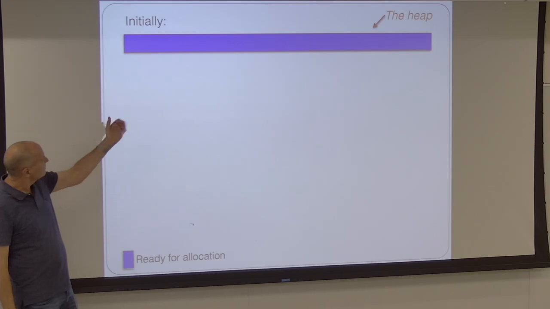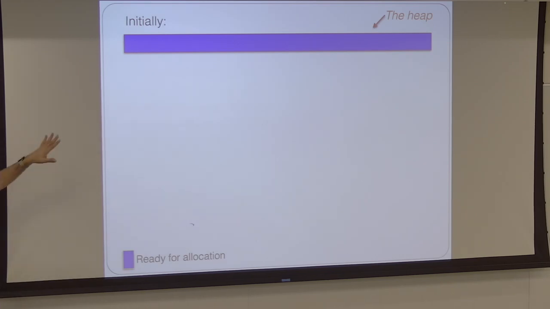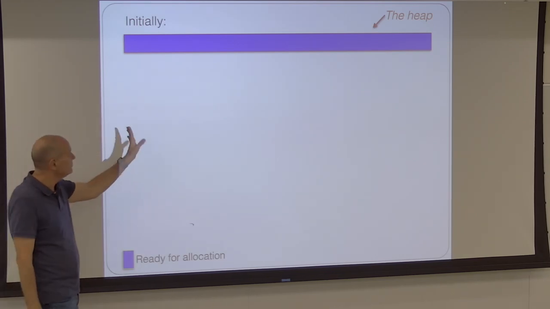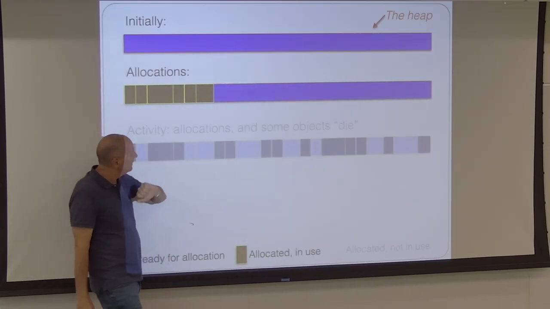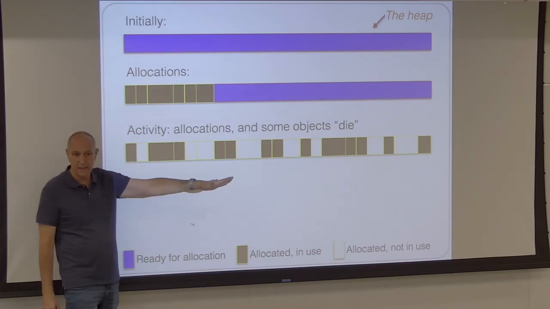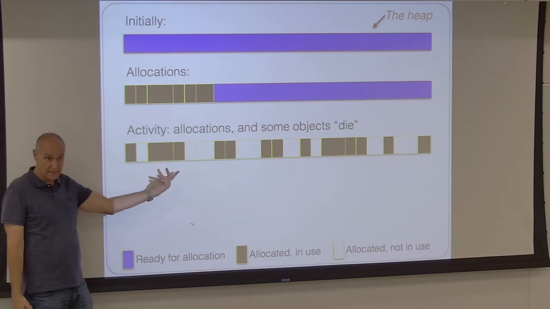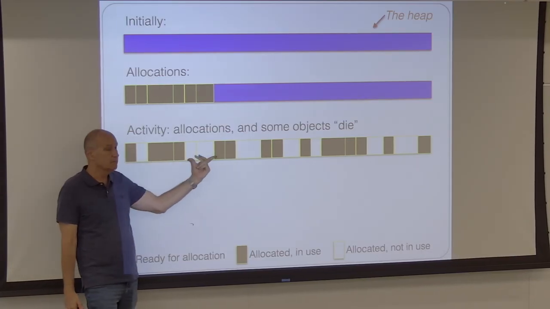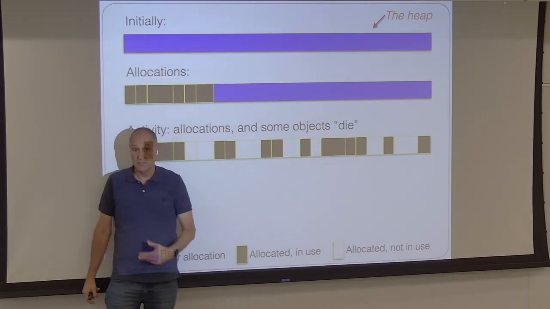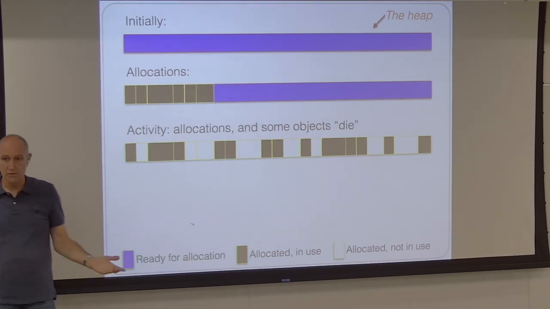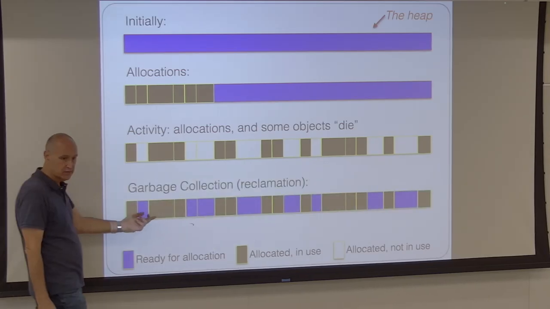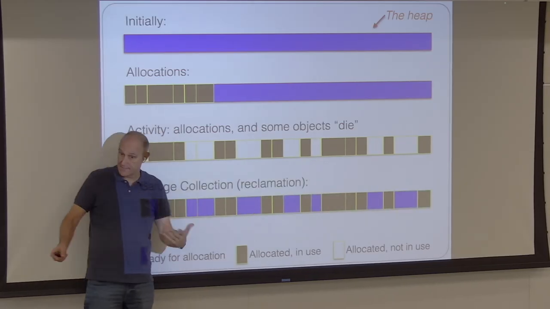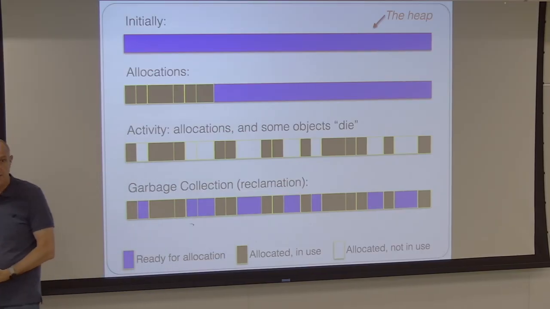And the general view is we have a heap that initially is all ready for allocation. We mark it blue. Then we start allocating, and eventually we allocate until the end of the heap. But some of the objects become unreachable, so they're dead. The goal of garbage collection is to identify them and make them blue again, so the allocator knows that these are places that can be allocated from.